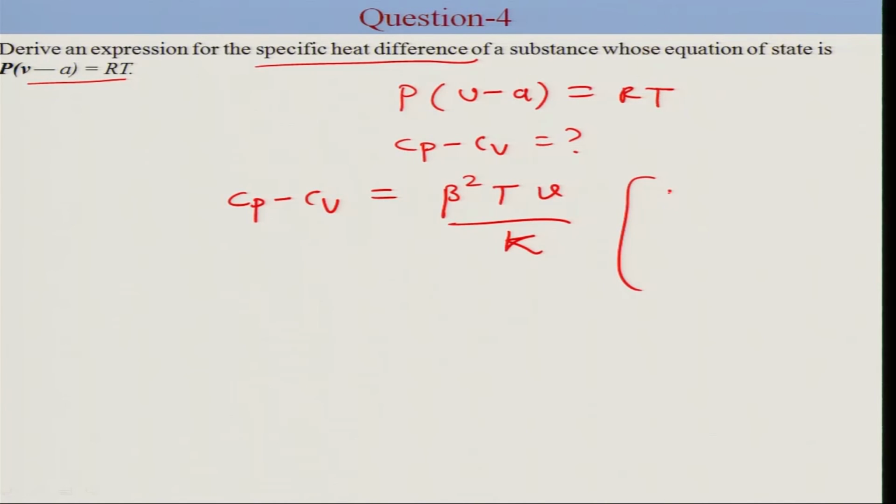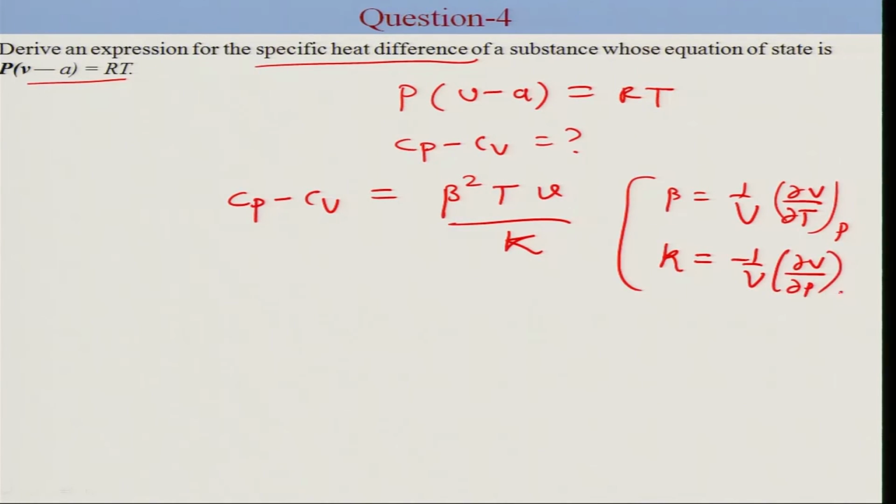So, if we see, beta is equal to 1 by V del V upon del T at constant pressure, whereas kappa is equal to minus 1 by V del V upon del P at constant temperature.